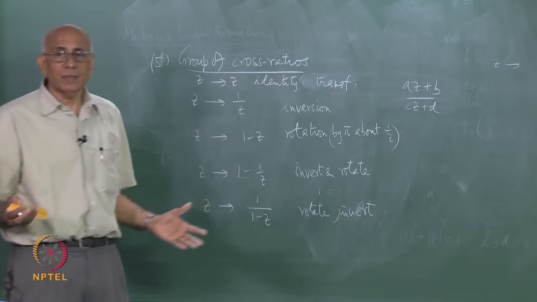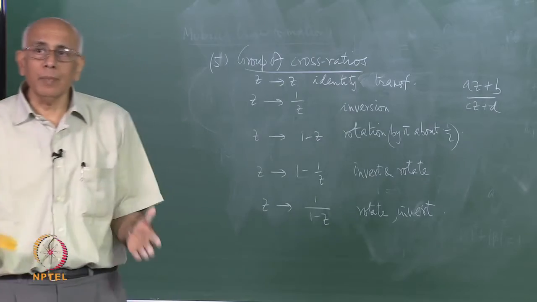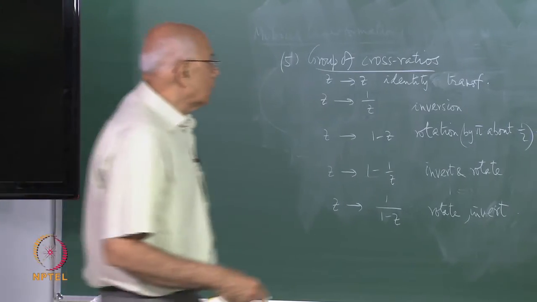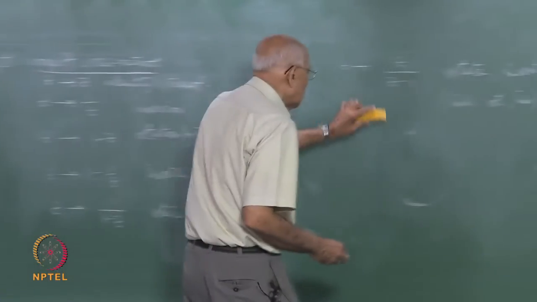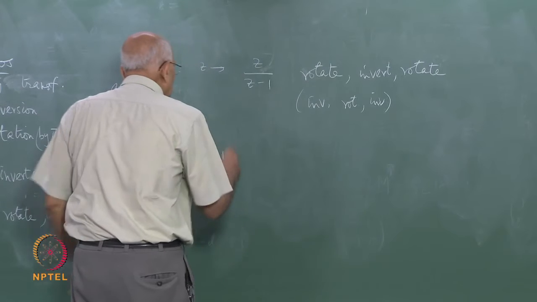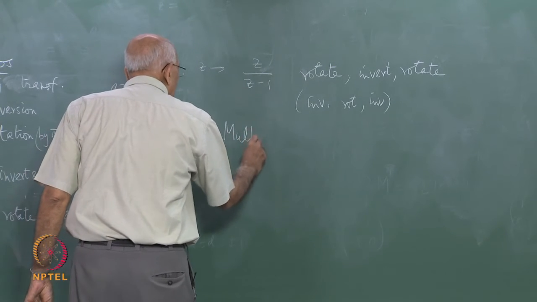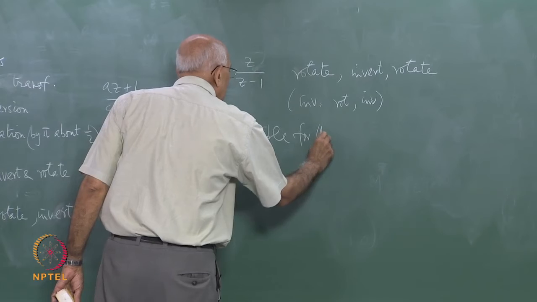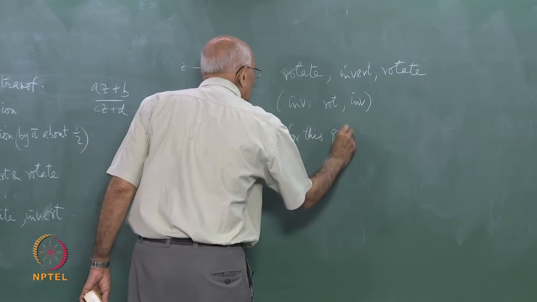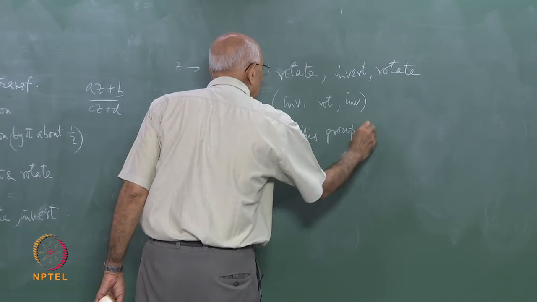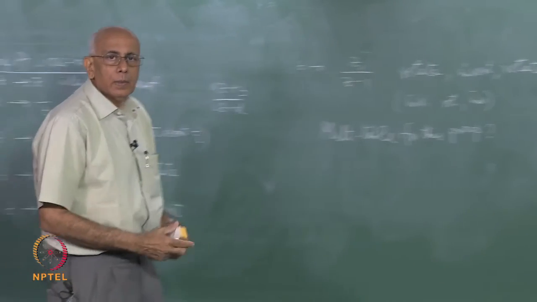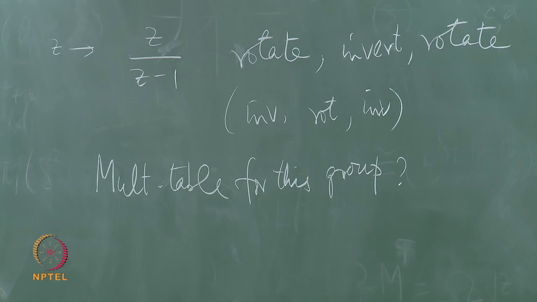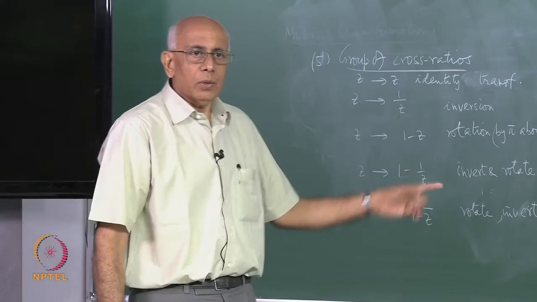This is a finite order group, there are 6 elements. So you should write down for these 6 elements the group multiplication table. The composition of 2 will give you 1 more, etc. So I would like you to write this down.